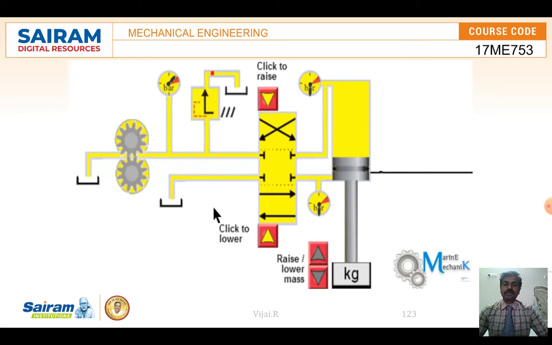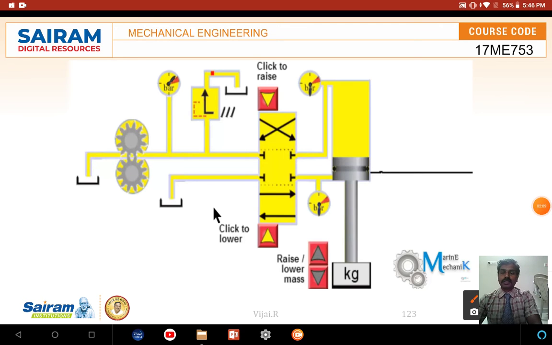So this is one of the simple circuits. From this figure we come to know the symbols. Through the symbols we can identify the reservoir. This symbol shows the tank or the reservoir.